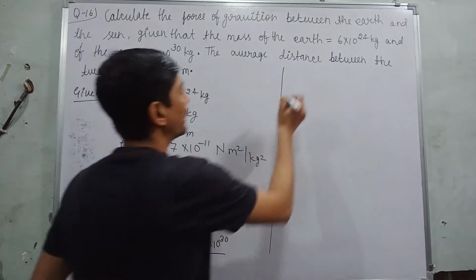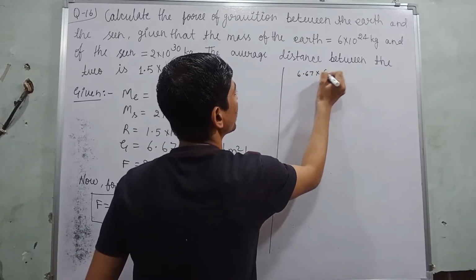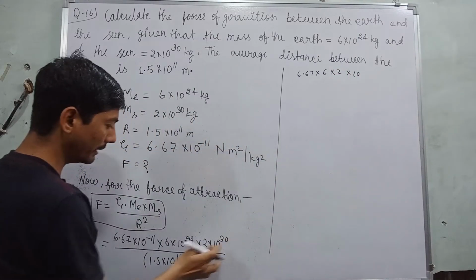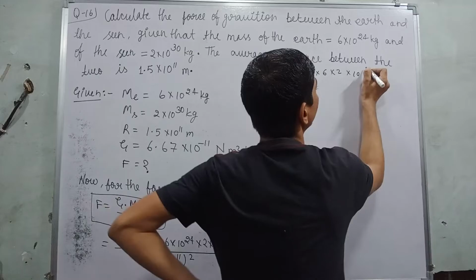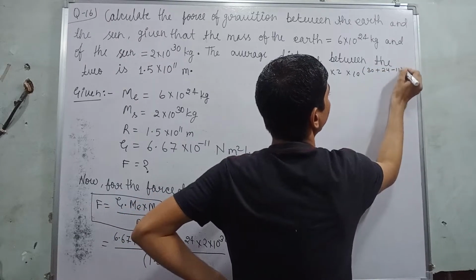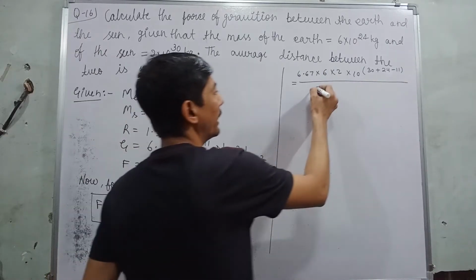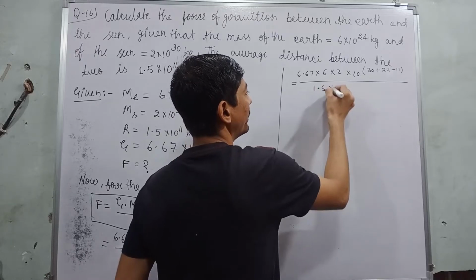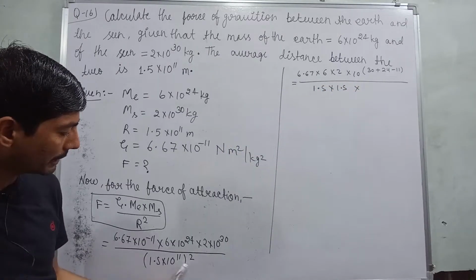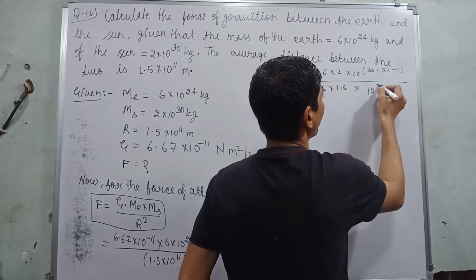Here I write 6.67 into 6 into 2 into 10 to the power 30 plus 24 minus 11, over, when we do square we multiply 1.5 into 1.5 into, when we raise a power to another power it gets multiplied, so 10 to the power 22.